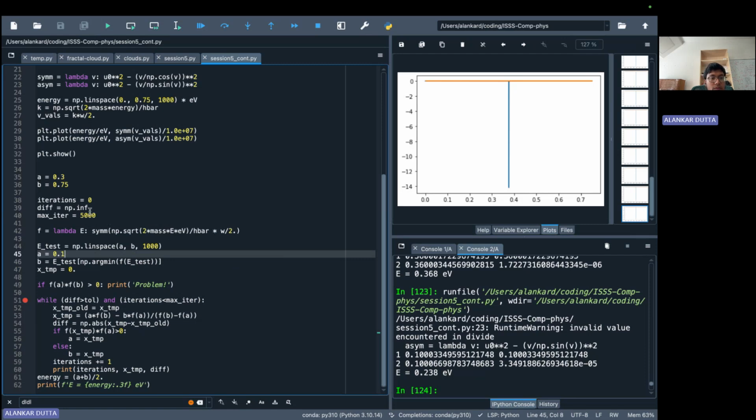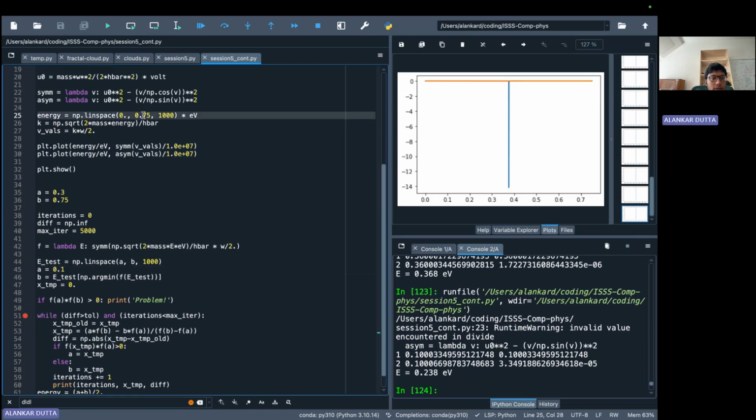So then if we try to find out if there is something close to that, we can just do something like 0.3.